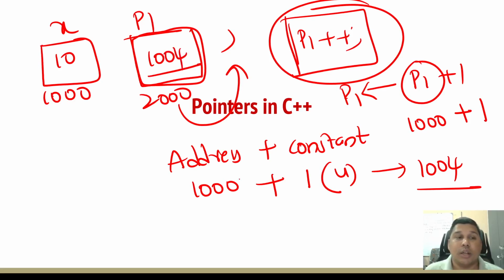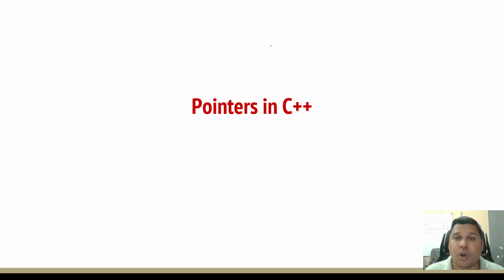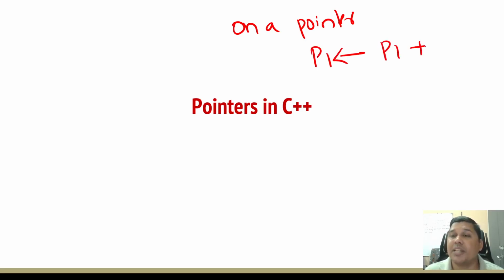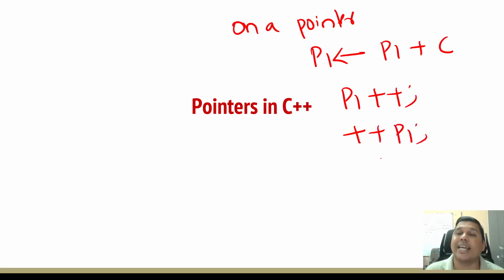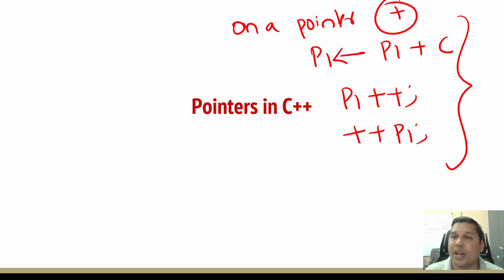So the point is that on a pointer, you can perform addition operation like p1 plus some constant, or you can also perform p1 plus plus. You can also perform post increment, pre increment. This is allowed. So with p1 and a constant, you can do addition operation.